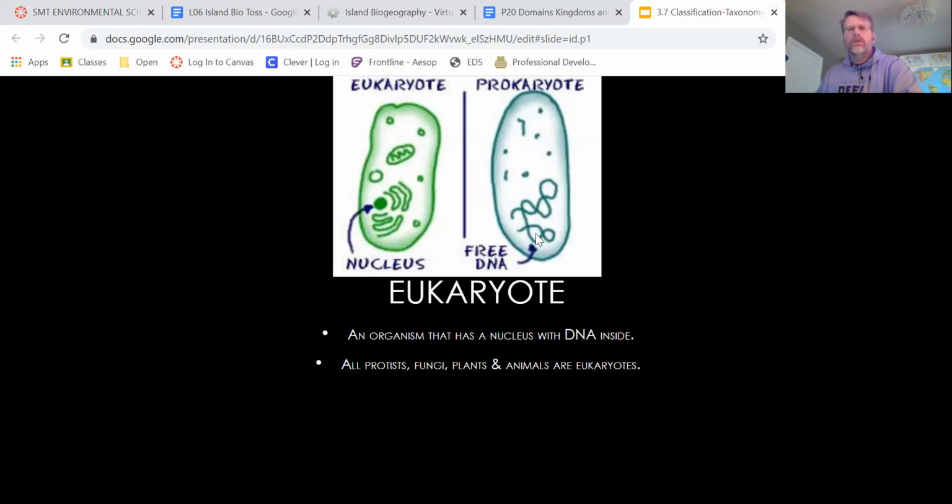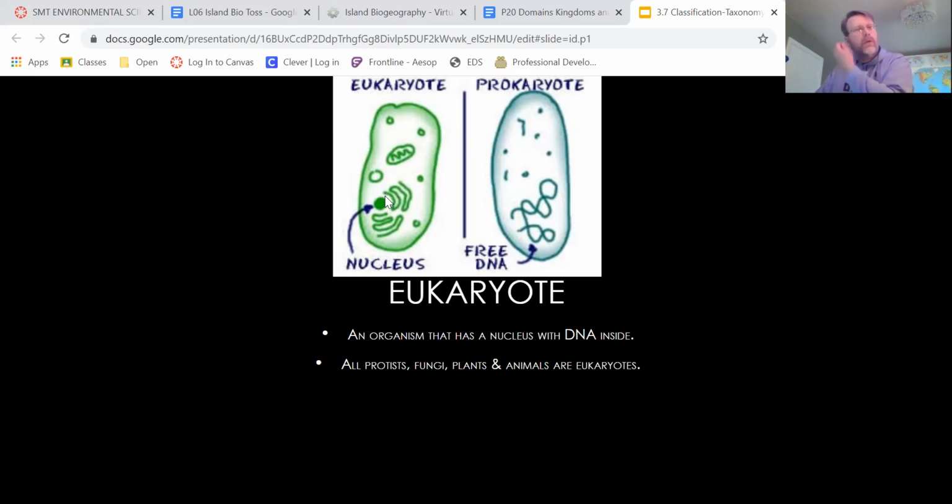If prokaryotes just have DNA floating around, eukaryotes have a nucleus that contains the DNA and protects it. Prokaryotes are much more likely to undergo changes within their DNA because there's very little to protect it. They can change against their environment whether they want to or not. They're very susceptible to mutations.